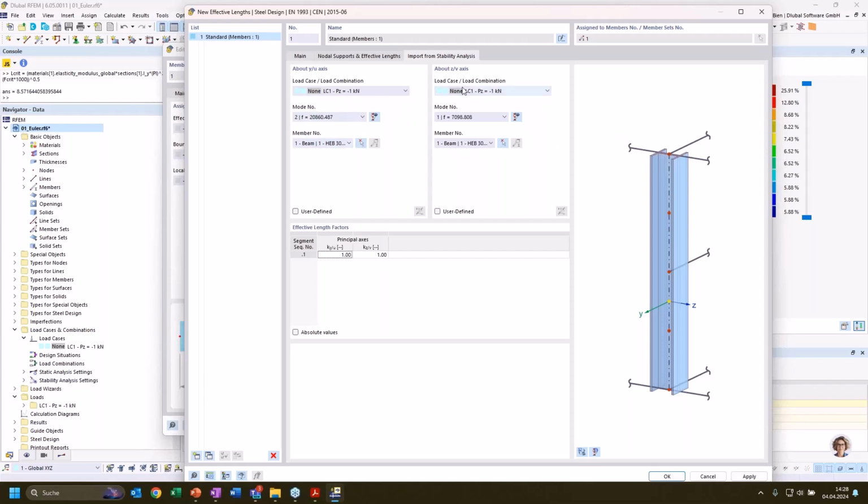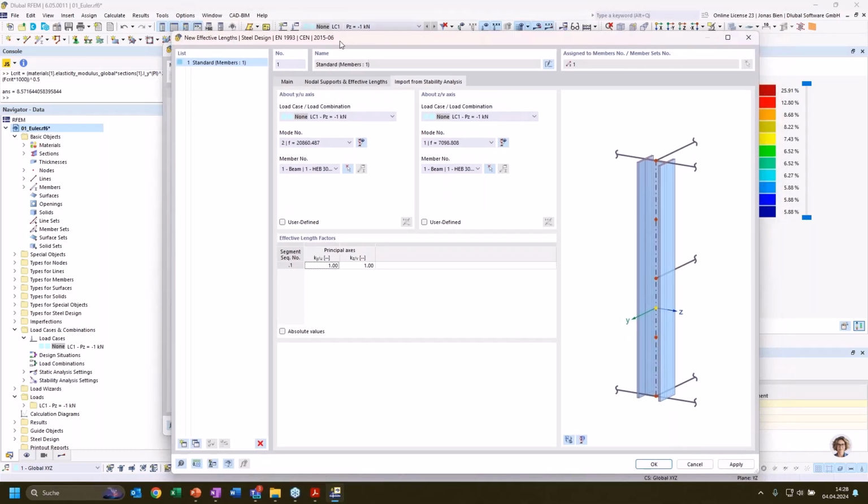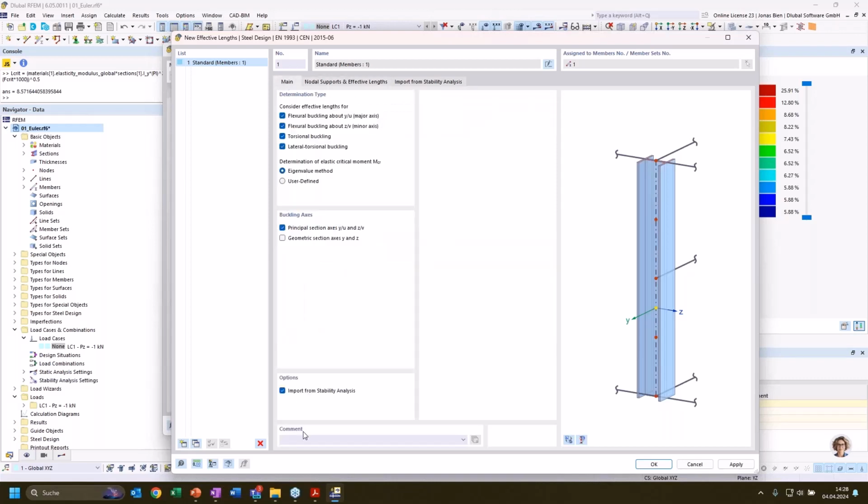These entries then need to be checked again because they are not smart enough to adapt to the changed model, so we would do that manually. We need to take that into consideration and always keep it in mind. So sometimes it's just better to do the stability analysis and then manually put in the buckling length coefficients here, and we don't need to think about it anymore.